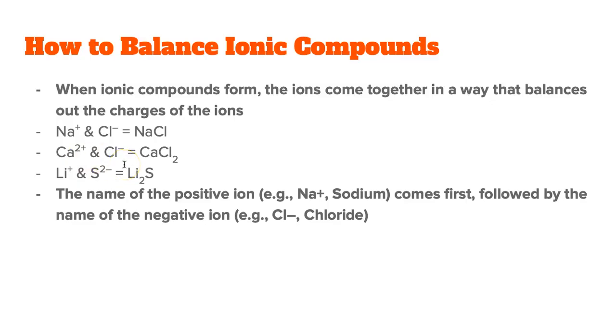To balance that out, we need 2 calciums, right? Two chlorines that are -1 charged. And on the other end, we have lithium that's positive, and then sulfur that's -2, right? So that means we need 2 lithiums to align with the -2 of the sulfur. Okay.